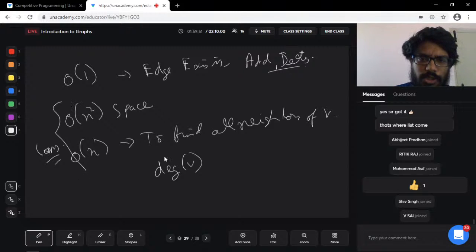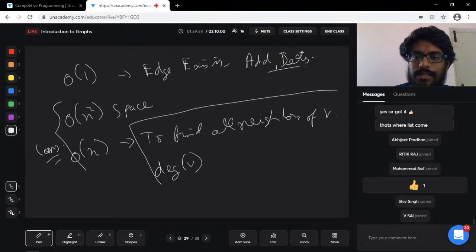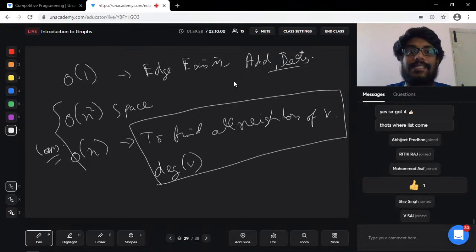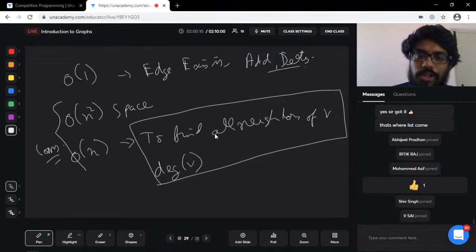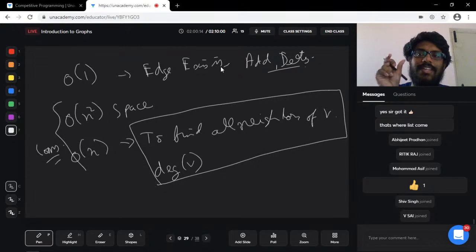Even though it feels like a slightly unnatural query compared to just asking whether u comma v exists or not, which seems like a more natural question to ask, in practice this is the question you need to ask very often. So in a lot of places, this is what you'll want to optimize rather than just asking whether a single edge exists or not. So usually you'll prefer using adjacency list over adjacency matrix.